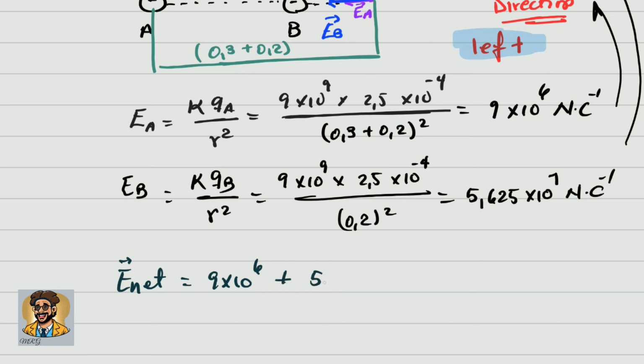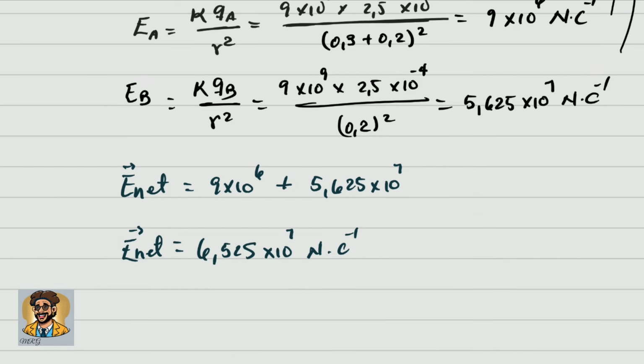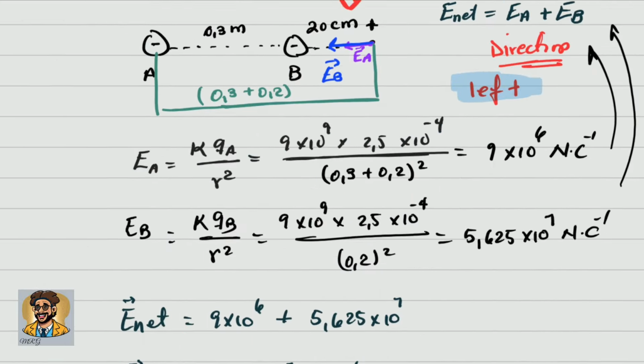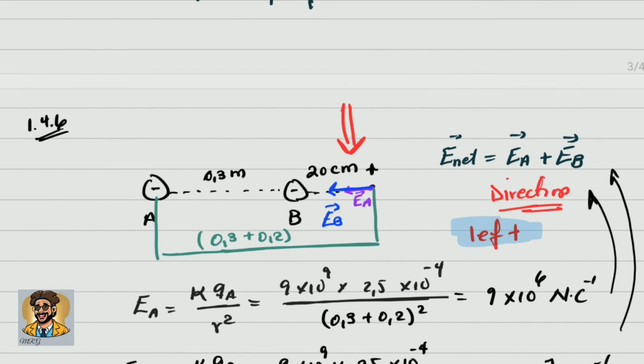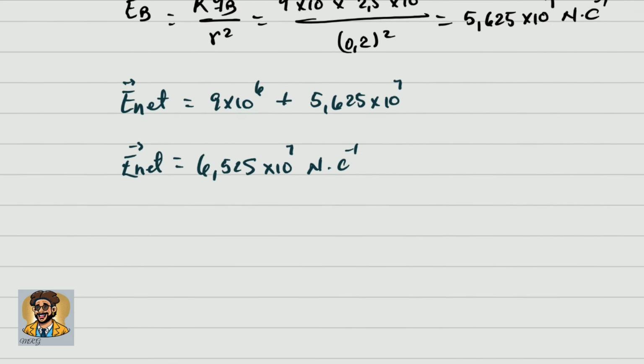Plus 5,625 times 10 to the 7, and that will give you an answer of E net equal to 6,515 times 10 to the 7 Newton per coulomb. The direction, remember, we did the picture here, so the direction is to the left.